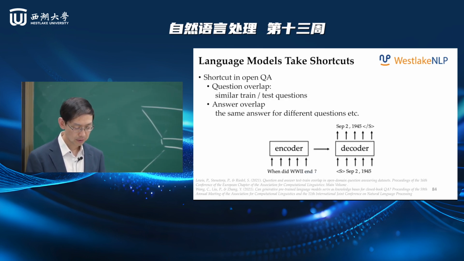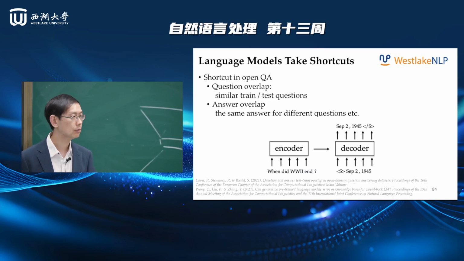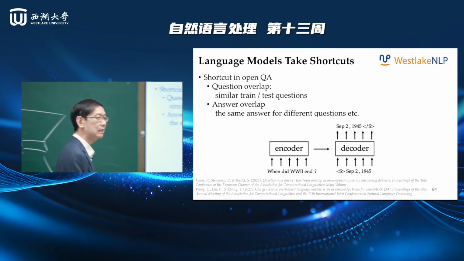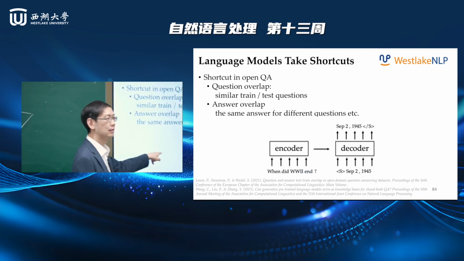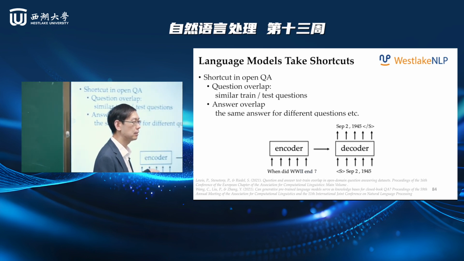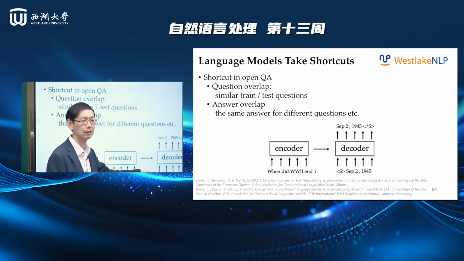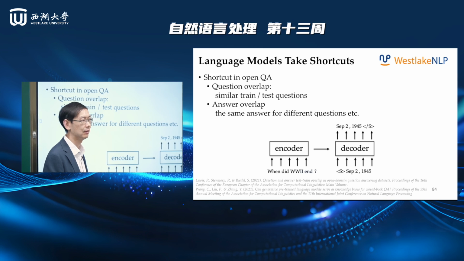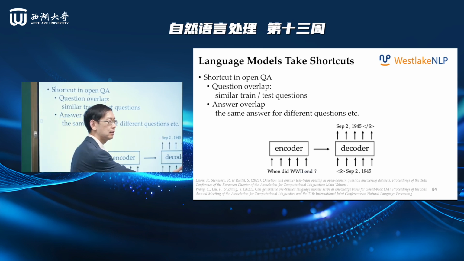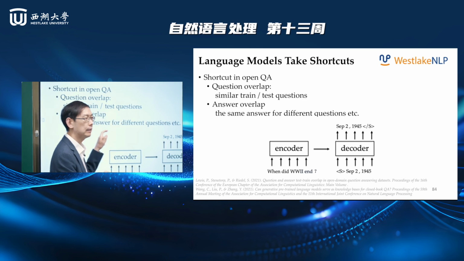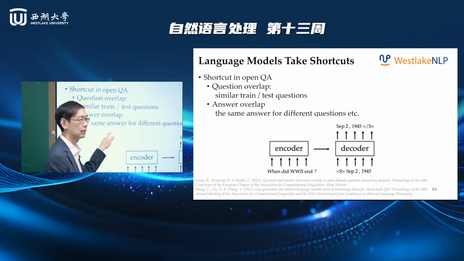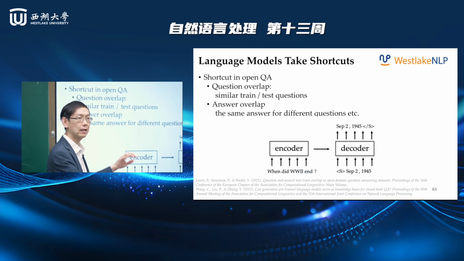And then people, including us, start to look at whether language models really contain world knowledge. We can look at, if you train the model with "when does World War II end?", you train on that question, and then you test the model on other questions. The models can also answer other questions correctly. But if you really carefully look at your test set, you'll find that a lot of the test questions have overlaps with the training questions.